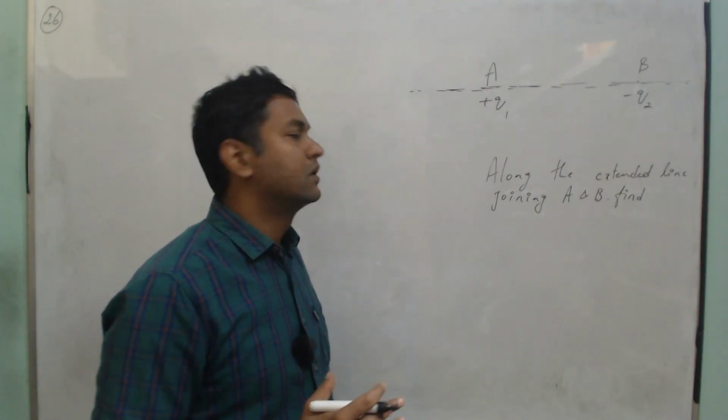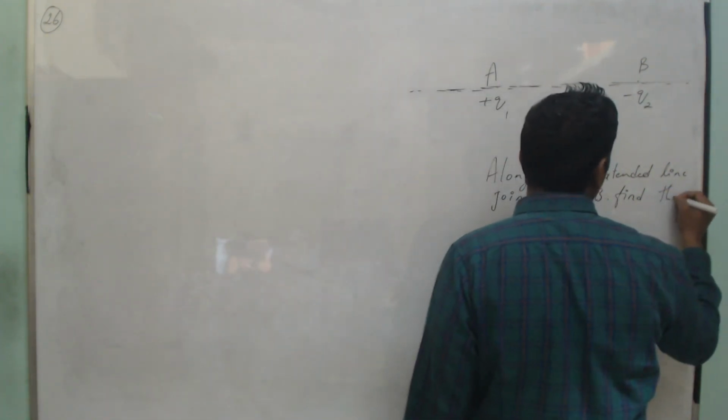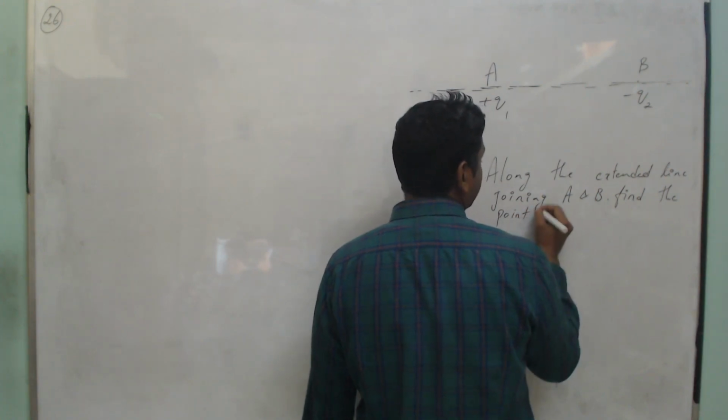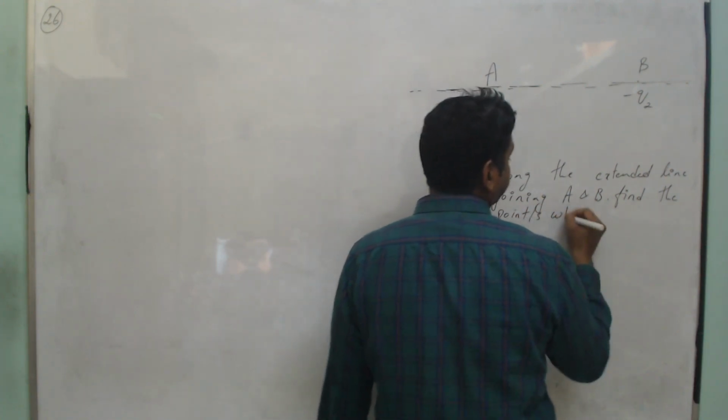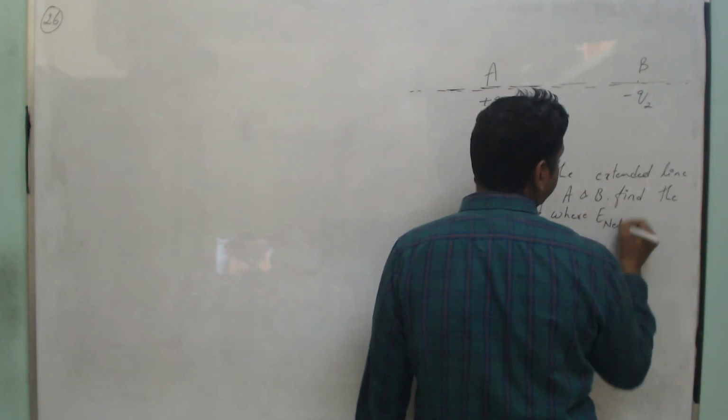So find the point or points where the net electric field due to both the charges is zero.